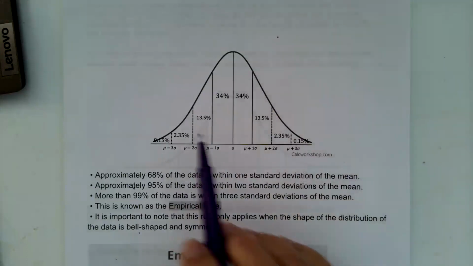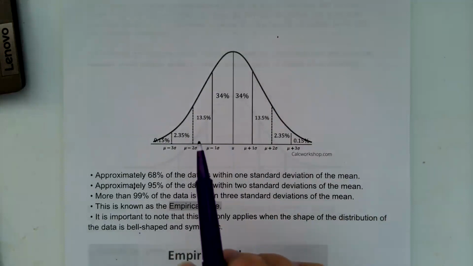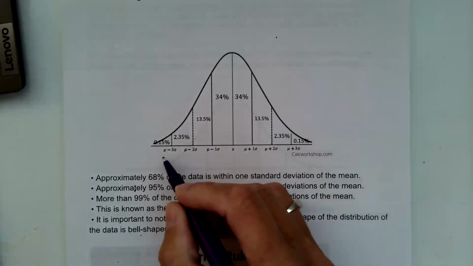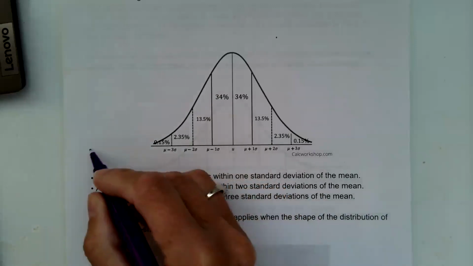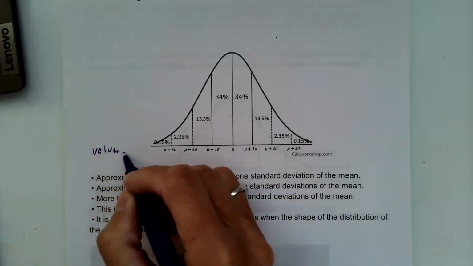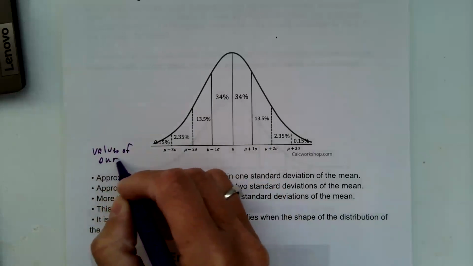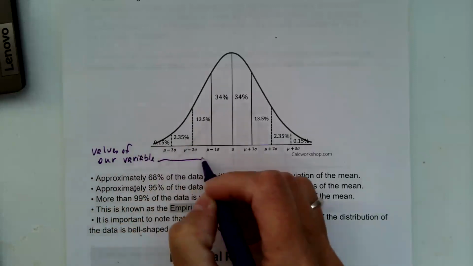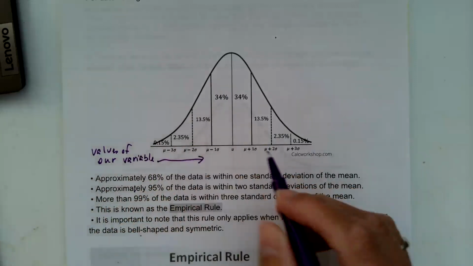And these percentages tell us the percentage of the data that should fall within these markers, and these markers are down below. So these are the values of our variable, down along here, okay?